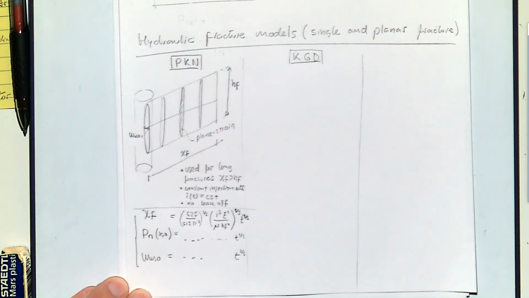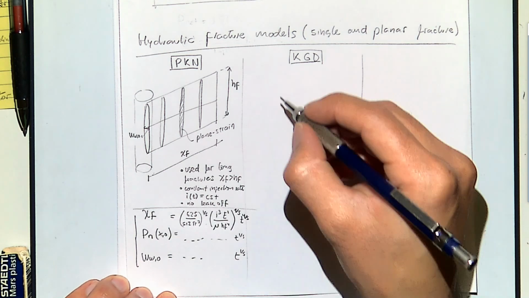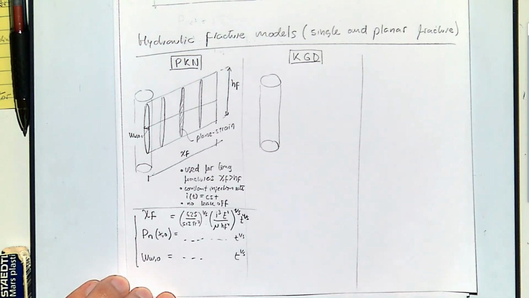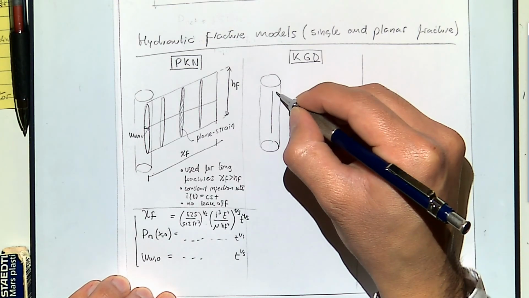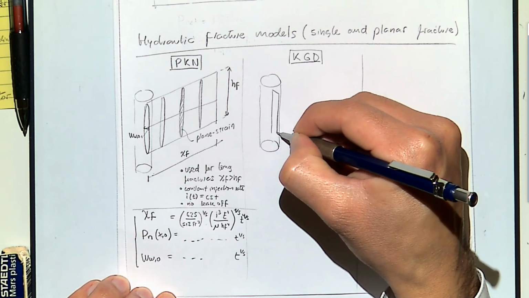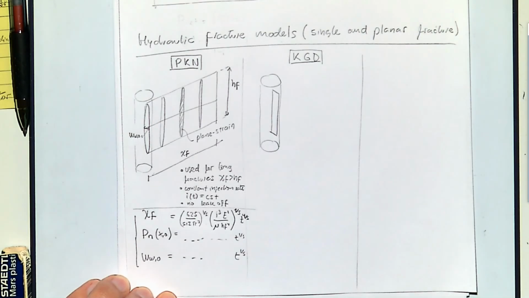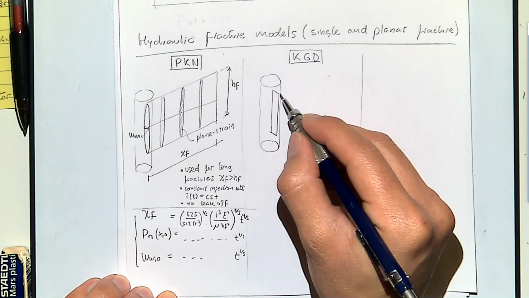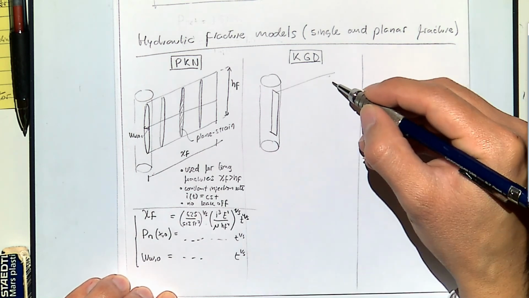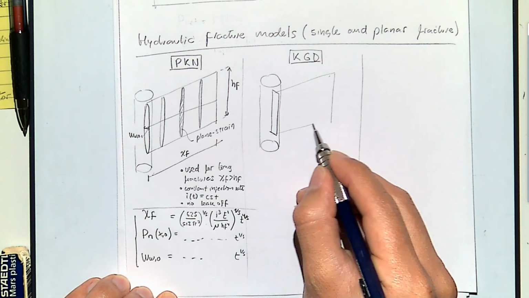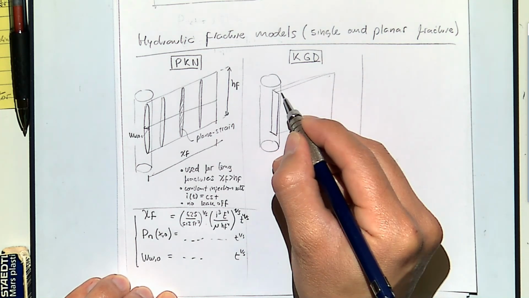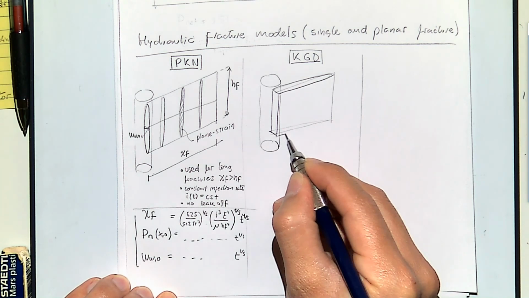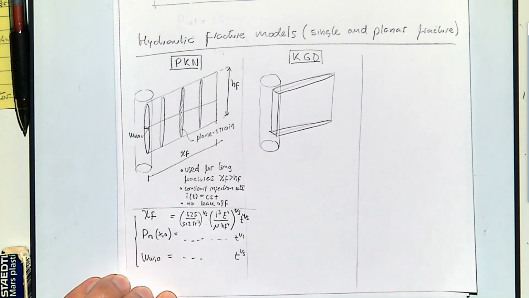It's called the KGD model. And again, those are last names of people. The KGD model assumes that the fracture has a cross section which is a rectangular shape. And as it goes to the tip of the fracture, now the shape is something like this.